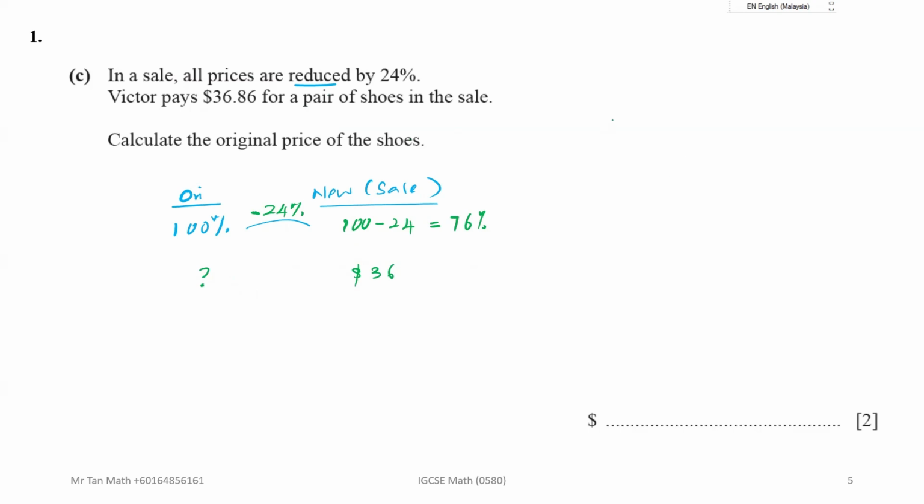So you take 100 and 76, and then x to 36.86, you cross multiply with the ratio method. So you get 76x equals 100 times 36.86. So x equals 100 times 36.86 divided by 76. So you get 48.5.